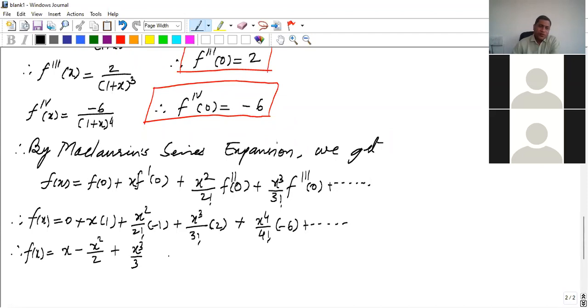So it will remain x cube by 3 only. Next, minus x raised to 4 by 4. Plus there are terms which we have not calculated. And that's going to be the series expansion of the function.